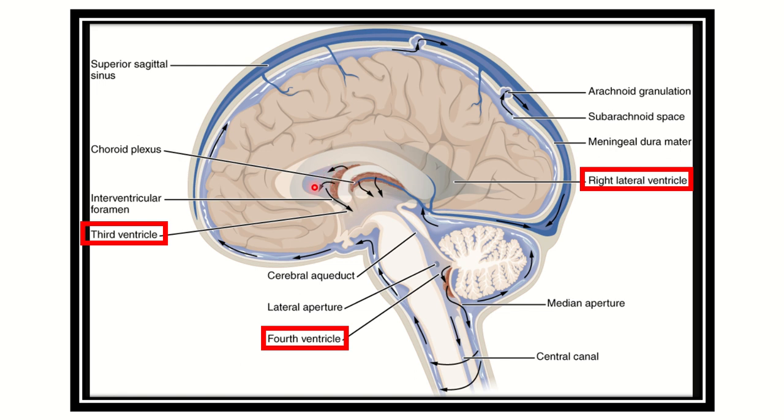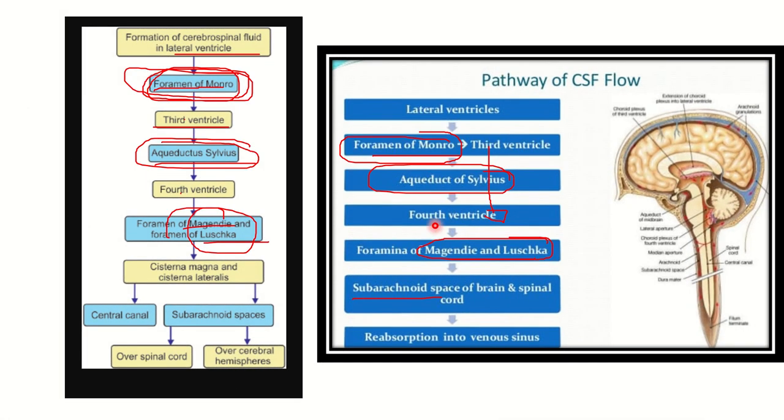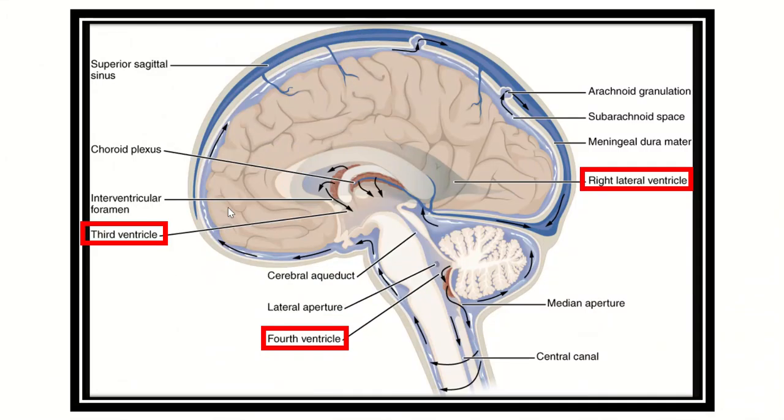This is the third ventricle, and there is a foramen, the interventricular foramen, also known as the foramen of Monro. Then from the third ventricle to the fourth ventricle there is another canal, which is the cerebral aqueduct, or aqueduct of Sylvius.